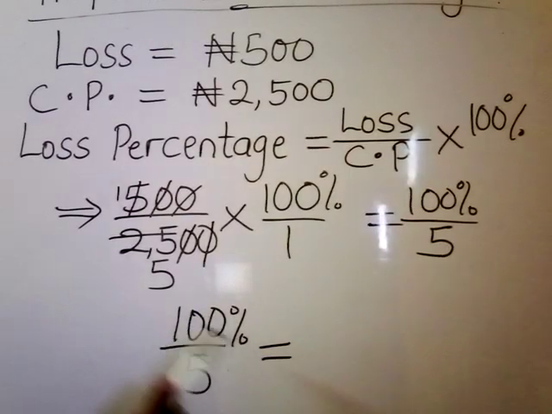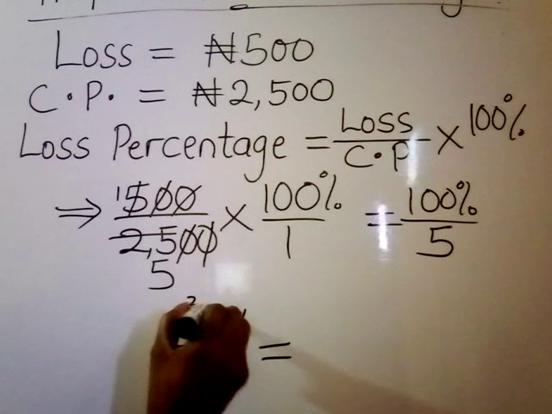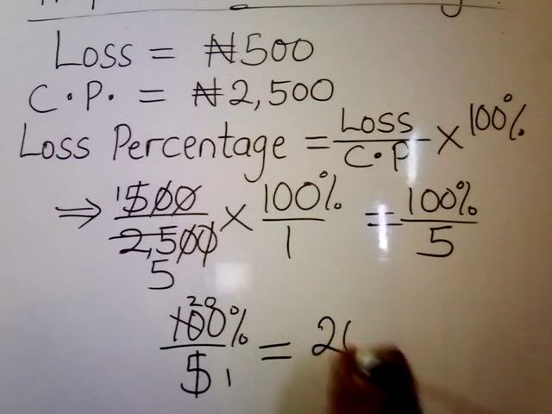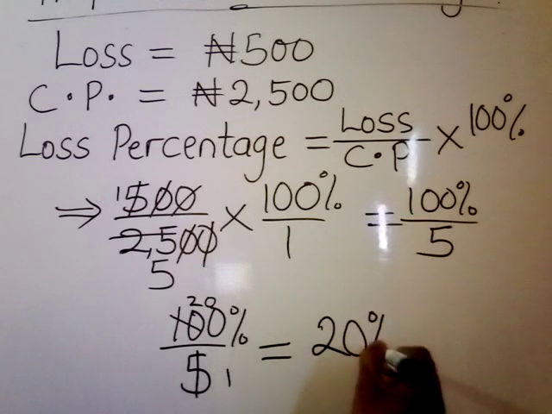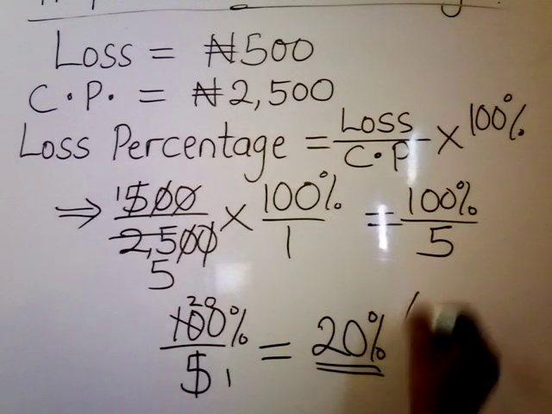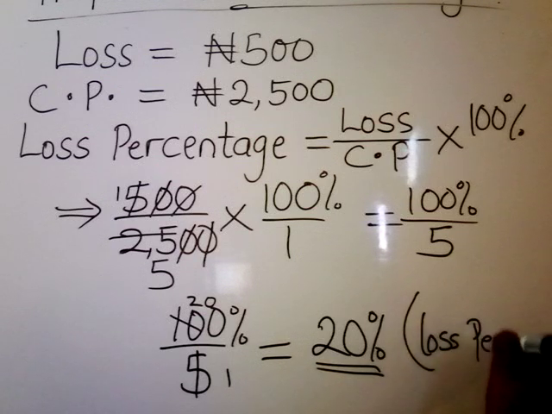So we're left with 100 divided by 5. Let's do a division. 5 divides 5, that's 1. 5 divides 10, 2, and then you add a 0. So 100 divided by 5 gives us 20, and that is 20%. So that means the loss percentage is 20%.